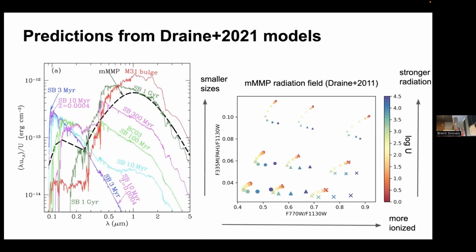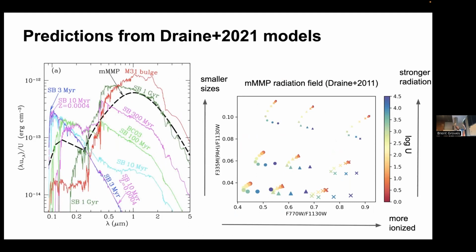The earlier slide was showing one specific model, and with the Draine paper, they have a suite of models where you can choose a different radiation field and adjust its strength, and also the distribution in terms of grain size and ionization state.